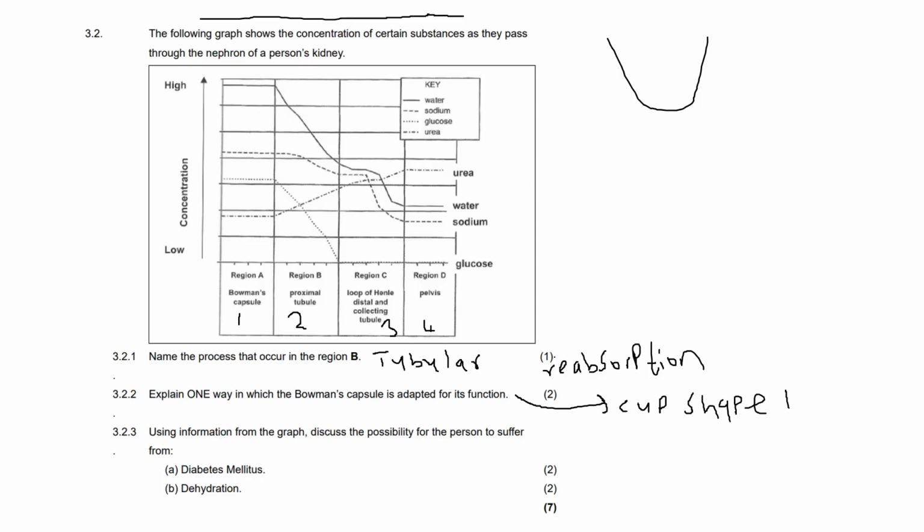Being cup shaped allows the glomerulus to undergo filtration.